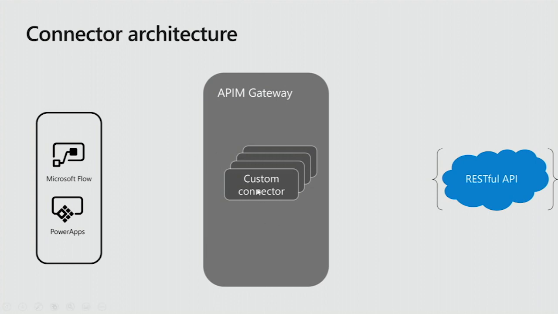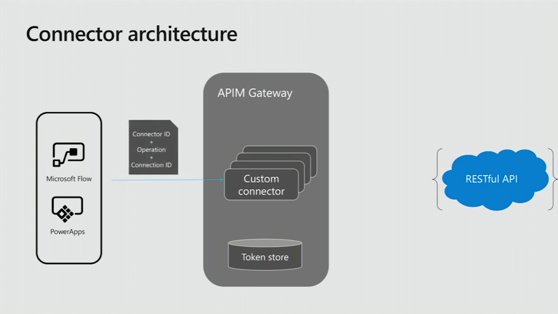When you use the connector, it will automatically store your token in a token store in the cloud. Then you can use the different actions independently, because the token is there, so the user will not have to provide a token. It's stored automatically.